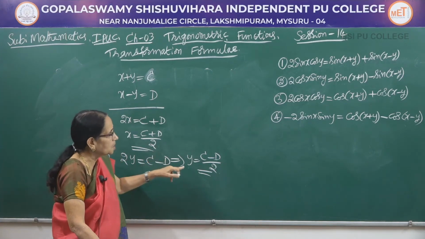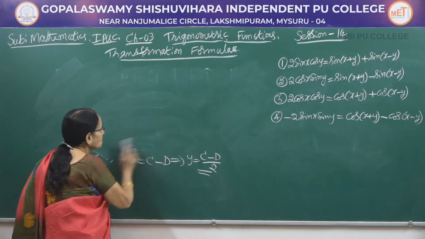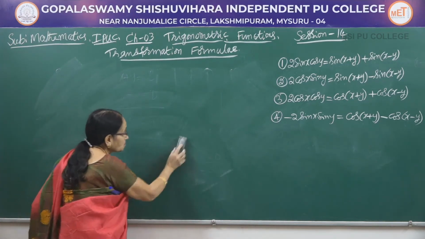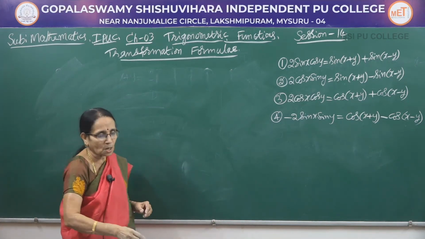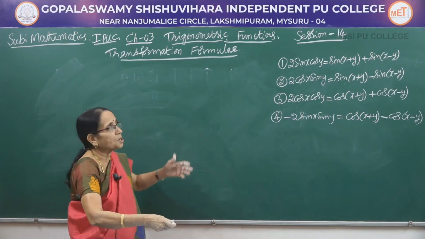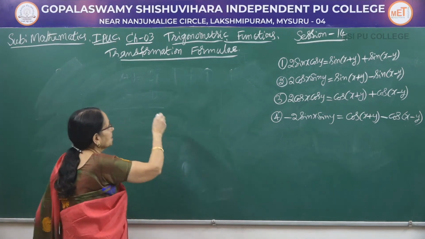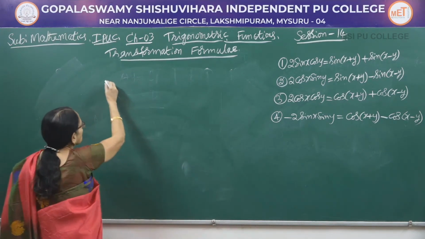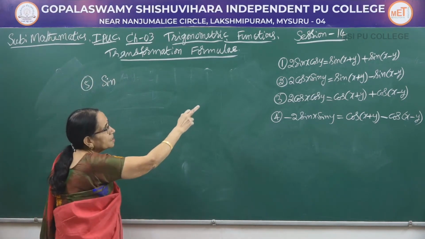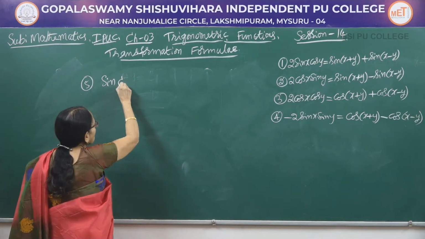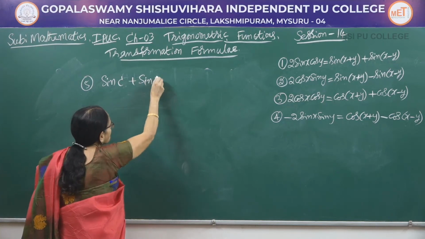So when you substitute these values in the above formulae, let us see how we can write them. The next set of formulae will convert the sum or difference of trigonometric functions into the product of two trigonometric functions. Now I am writing those quantities on the left hand side. First one, I can take it as result 5. Sine of x plus y can be written as sine c, sine of x minus y I am writing as sine d.